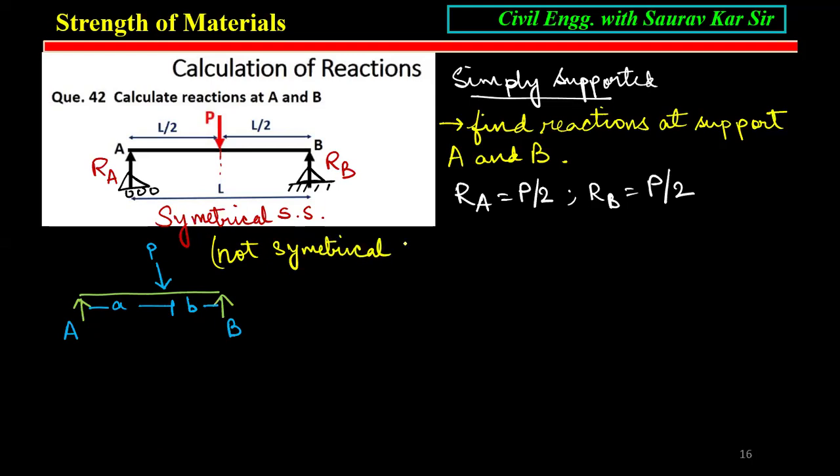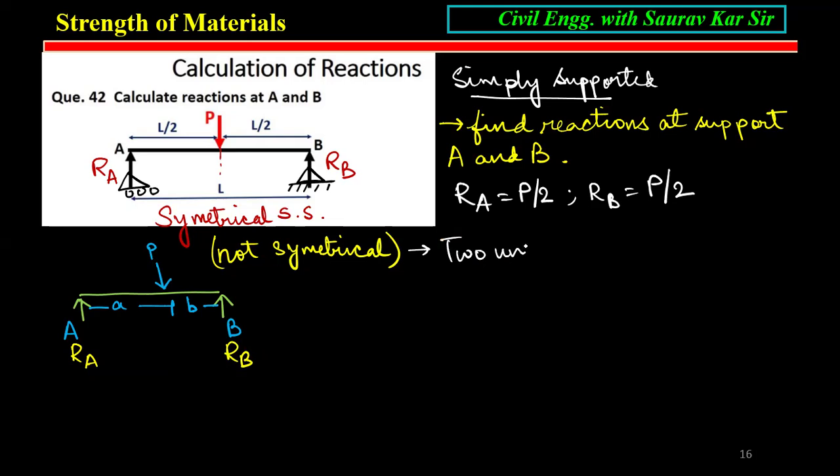Okay. Since it is not symmetrical, we have two unknowns, RA and RB. Whenever we have two unknowns, if the beam is symmetrical, no problem. But if the beam is not symmetrical, then with two unknowns we need two equations.